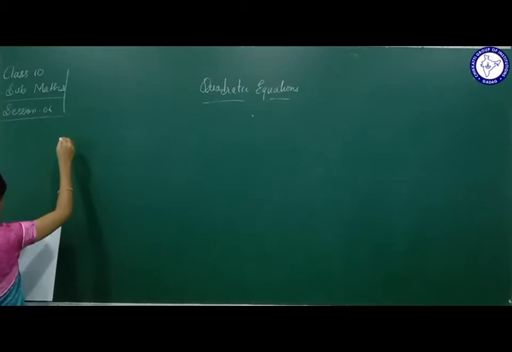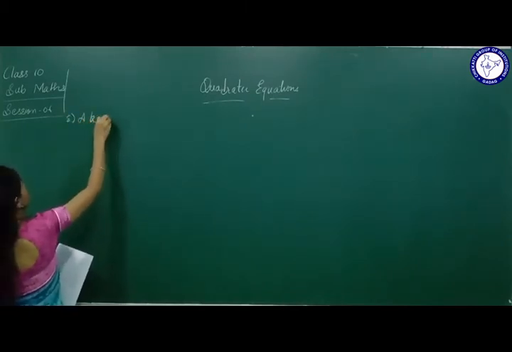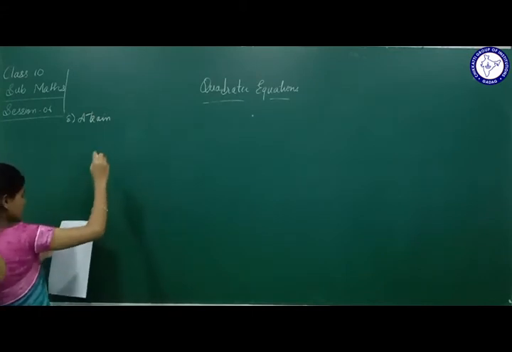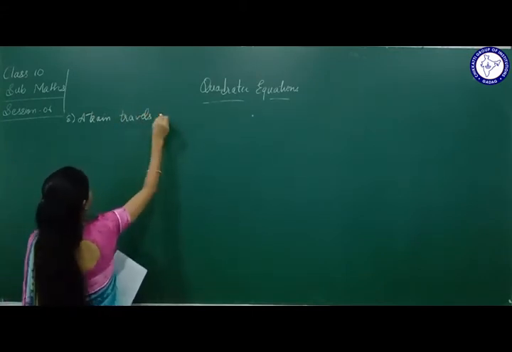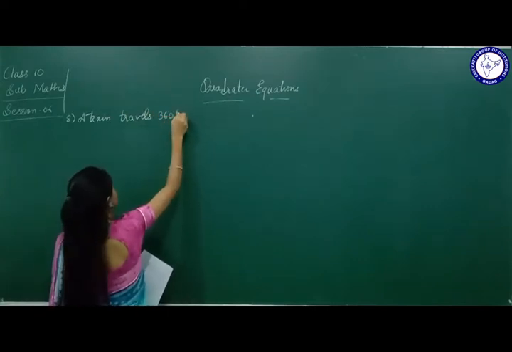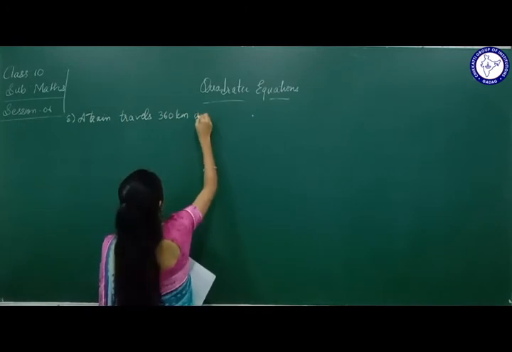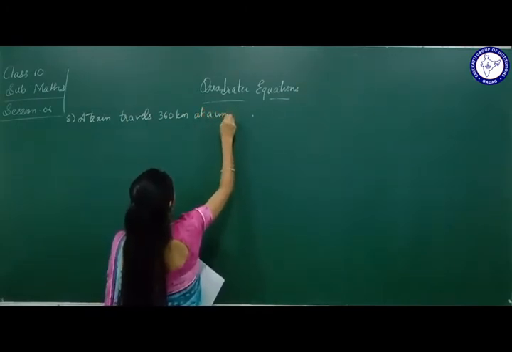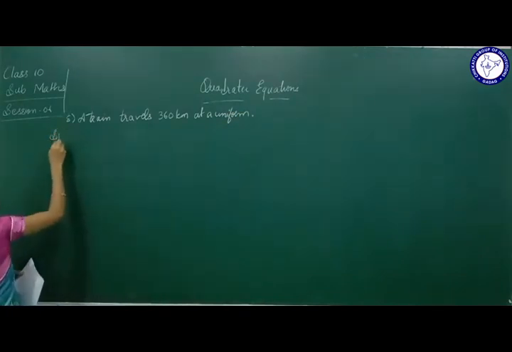So they have given that a train travels 360 kilometers at a uniform speed.